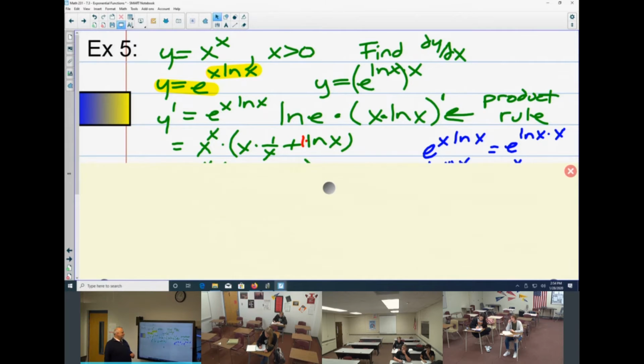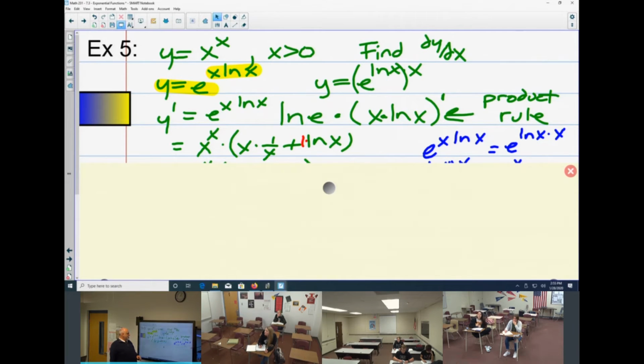Now, cleaning this other part up, e to the x natural log of x, I'm going to turn that back into x to the x, because the e and the ln will cancel, bringing the x down. And then natural log of e, that's just 1. So that's why that's not up there.